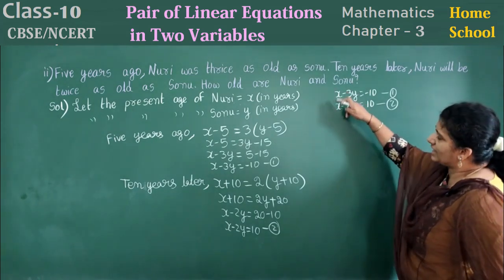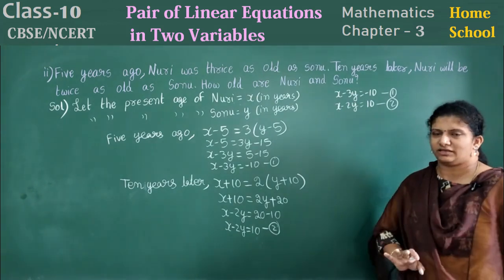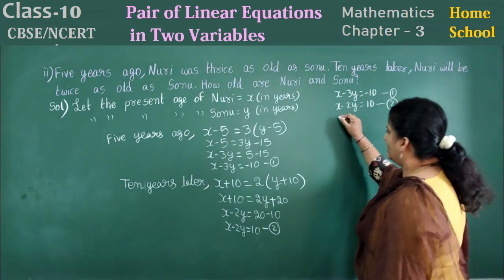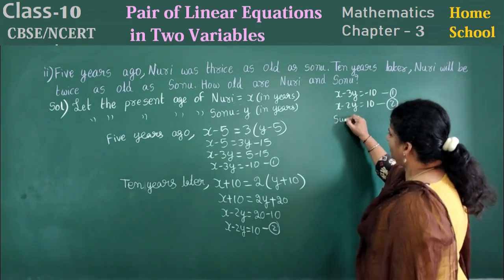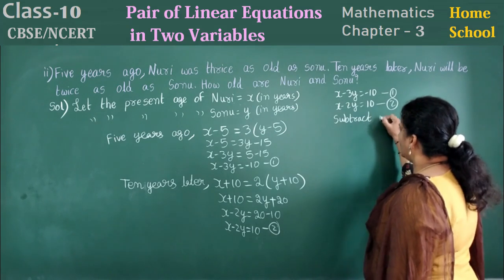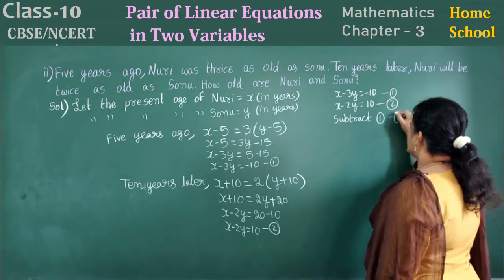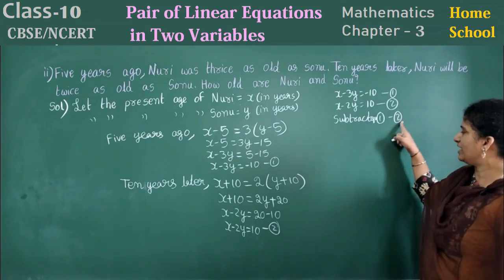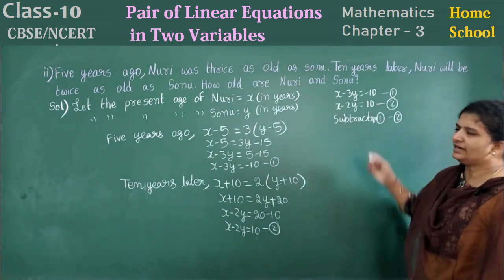Now in x, I can see both are having same sign. You are going to add or subtract? Subtract. Now, subtract. See how I am writing here? 1 minus 2. Equation 1 minus equation 2 means directly you can write.